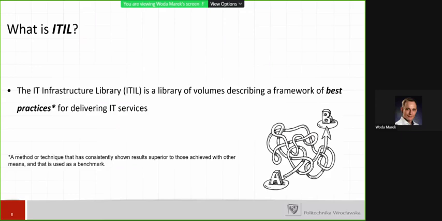So what does it mean in plain words? These are procedures which were established over a couple of decades and turned out to be effective for working with various levels of organizations.